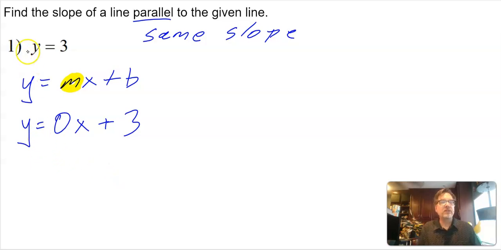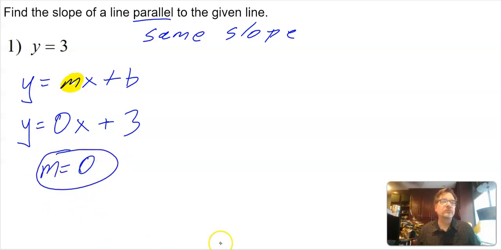So another way to write the equation from number 1 is y equals 0x plus 3. So the slope in this line is 0. The line parallel to it is the same, which is also 0. Boom. So 0 is the slope of all lines parallel to this given line.